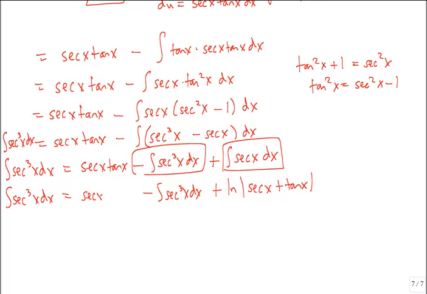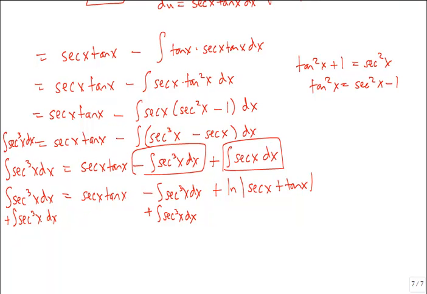So what we can do to solve for it is think of this as an equation where this integral is sort of the variable, the unknown that we're trying to solve for. So I'm going to get my two like integrals together by adding this over to the left side.